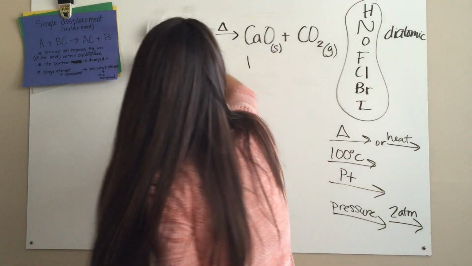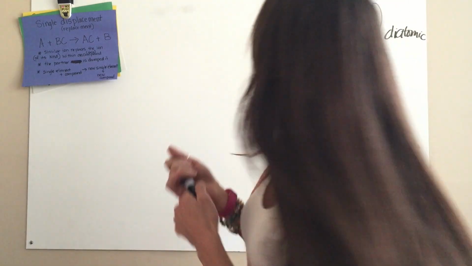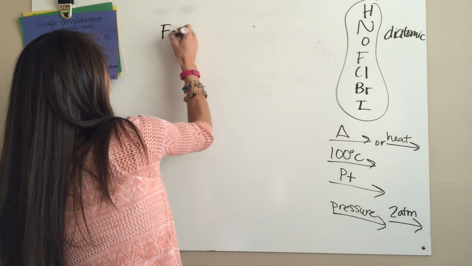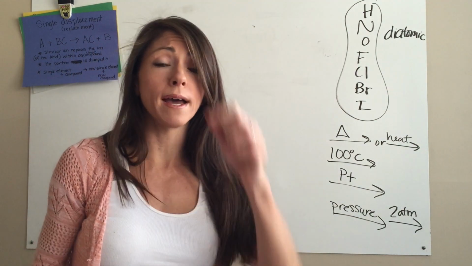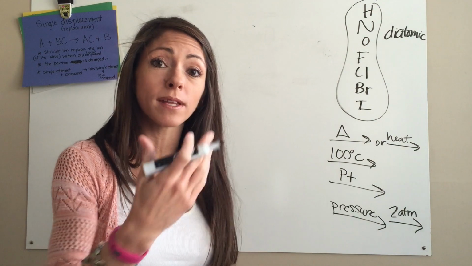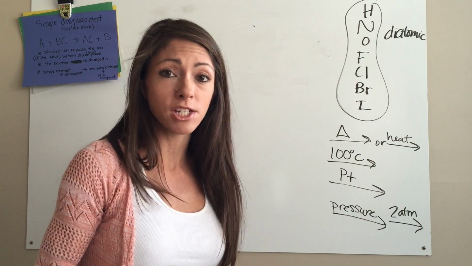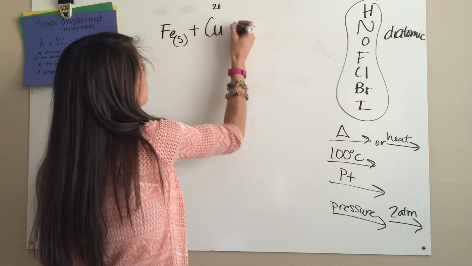Now, I'm going to give you an example up here with iron, Fe solid, and copper(II) chloride. Now that Roman numeral II, in its name, indicates it is a transition metal that has a varying oxidation state. So if it's copper(II) chloride, that means it's 2 positive.